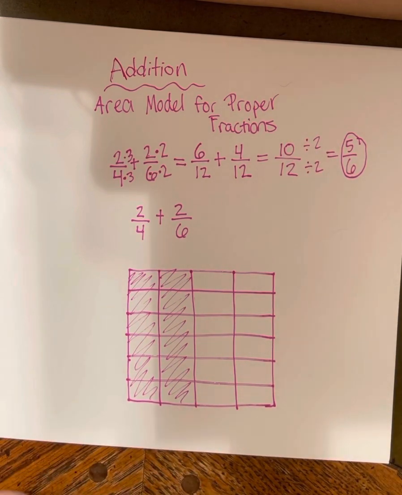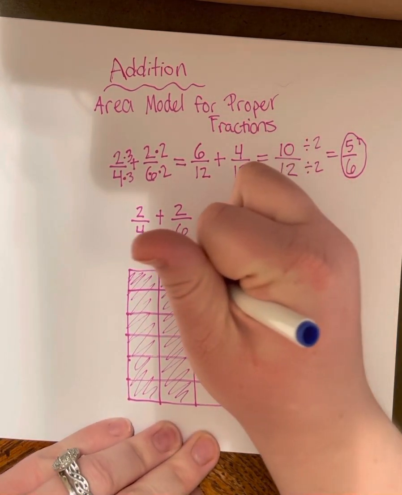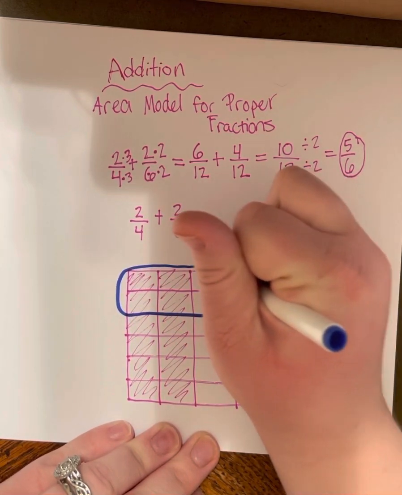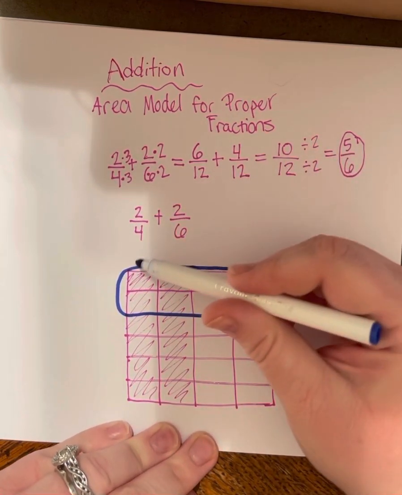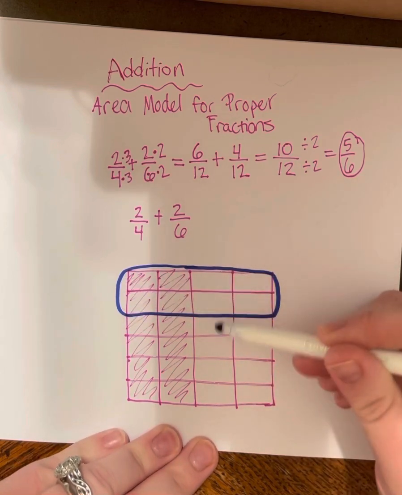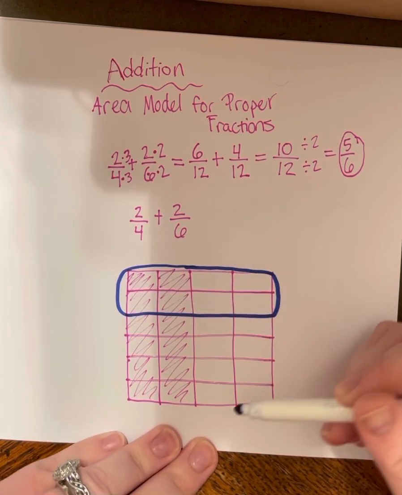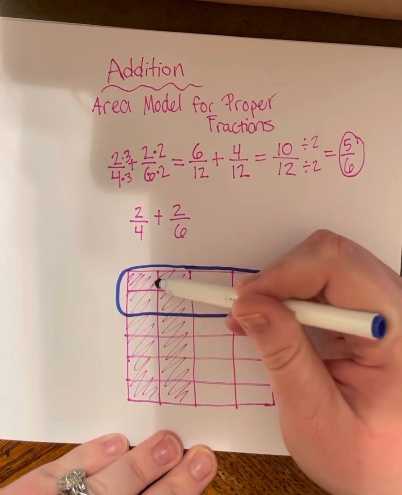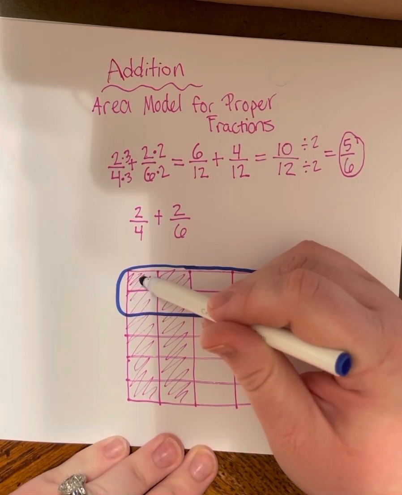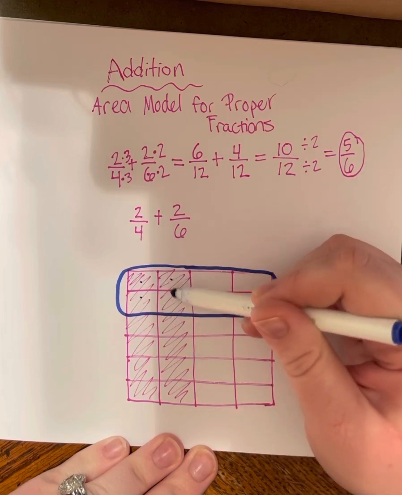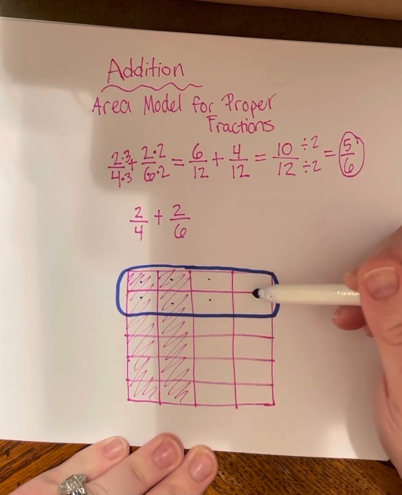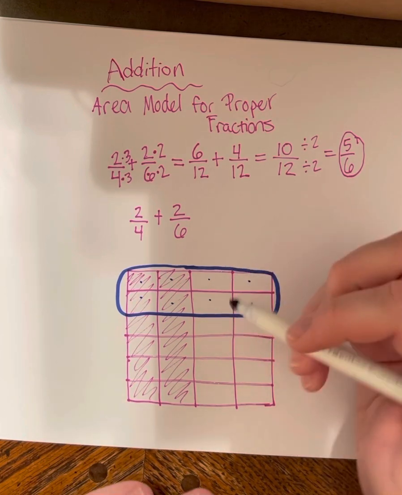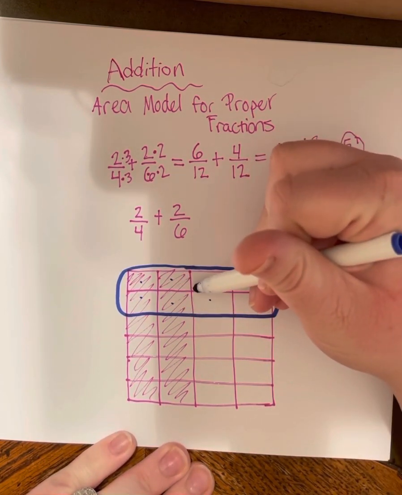So what we need to look at and see is that we know we have 2/6. So we know we have 2 rows out of the 6 rows. So we count the number of boxes in the 2 rows. So there's 1, 2, 3, 4, 5, 6, 7, 8. So we need to color in 8 more boxes.